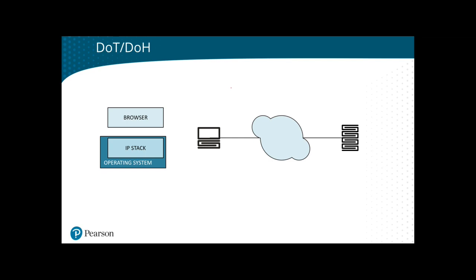All right. So let's talk about DNS over TLS and DNS over HTTPS. This is not TCP, this is TLS. So these are both forms of encryption for DNS queries. First of all, what is the problem we are trying to solve by encrypting DNS queries?